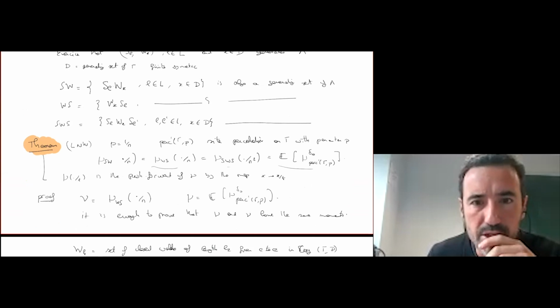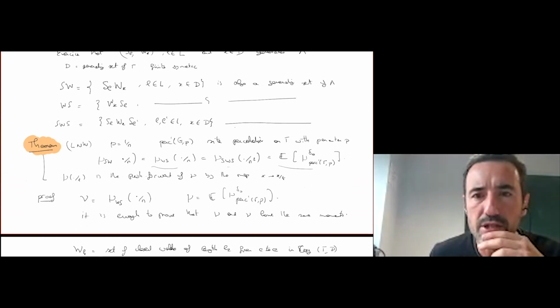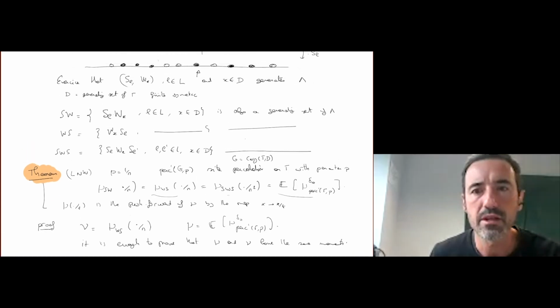I should write G, and G is a Cayley graph of Gamma with a generating set D, which I fixed.